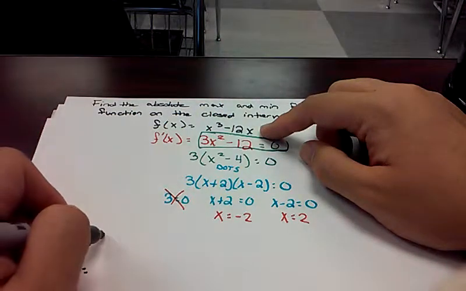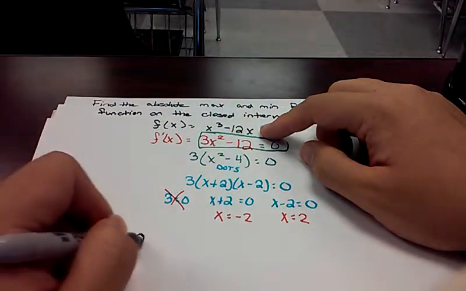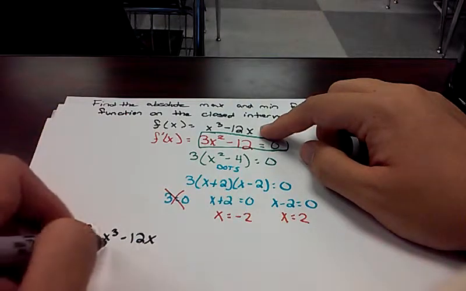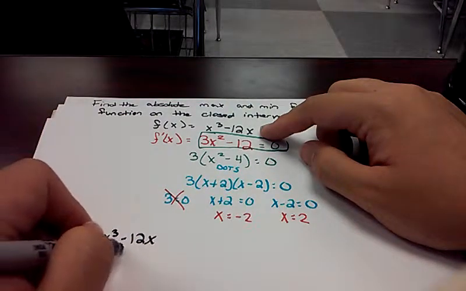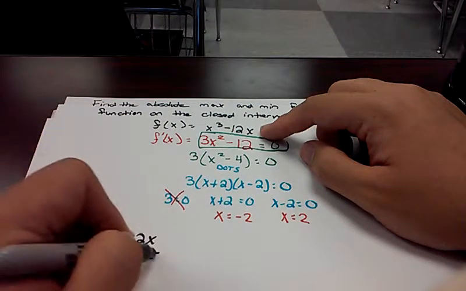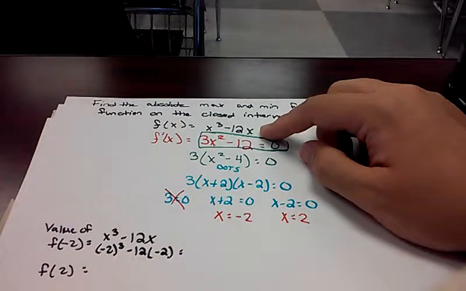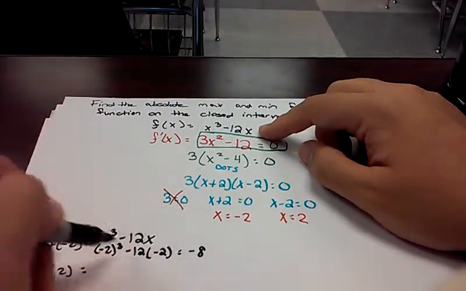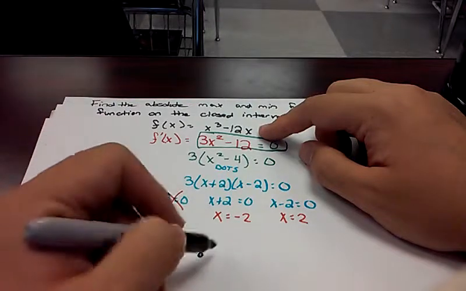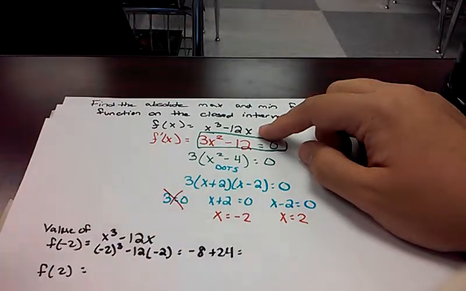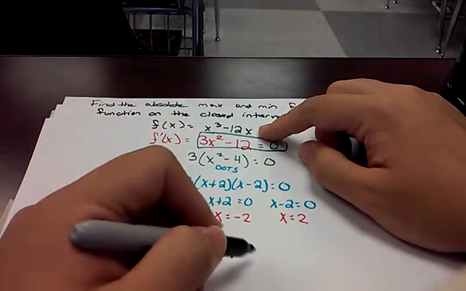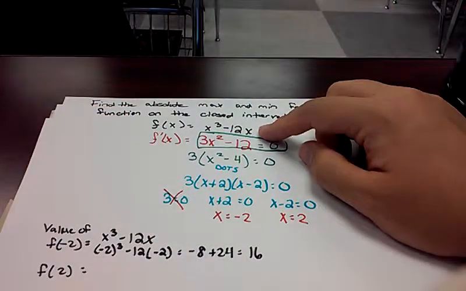So my original function is x cubed minus 12x. If I plug in negative 2, negative 2 cubed minus 12 times negative 2. Negative 2 cubed would be negative 8. Negative 12 times negative 2 would be positive 24. And then negative 8 plus 24 would be 16. So that's the value there.